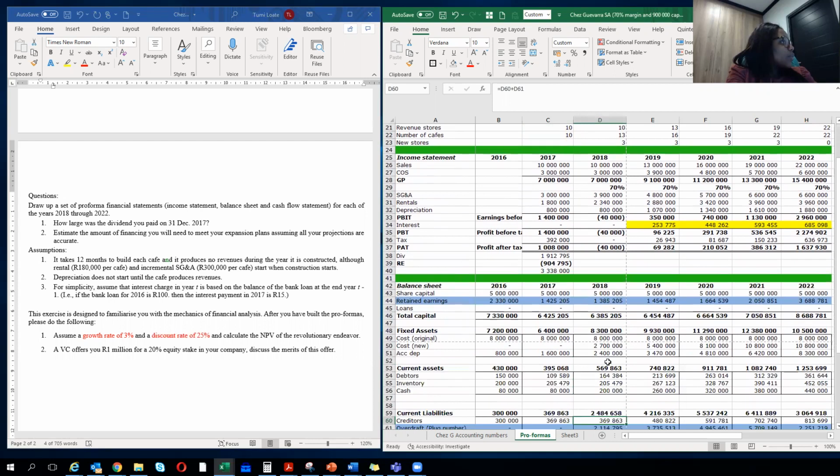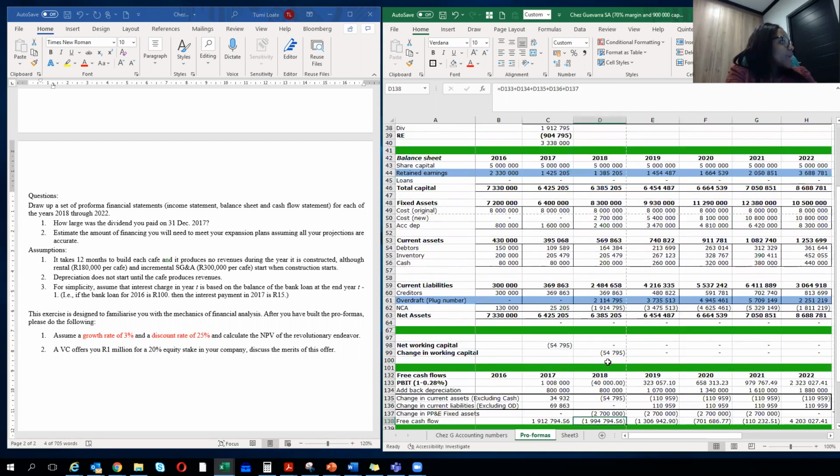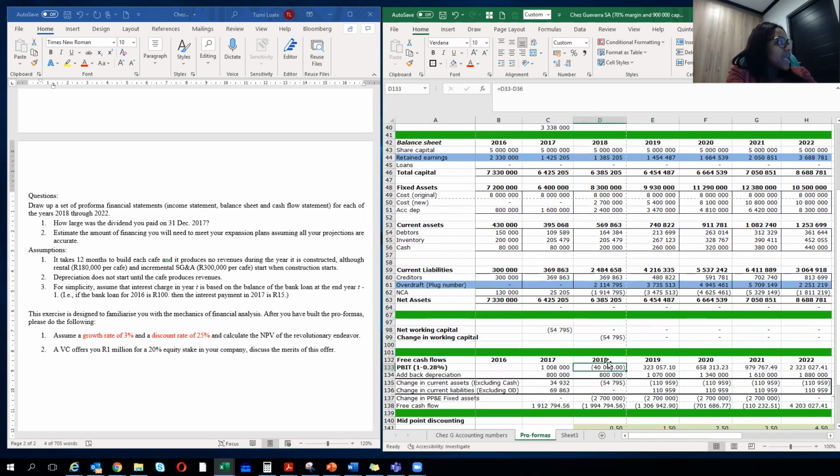So what we do first is bring in your profit before interest and tax, calculated net of tax. You want to remove the tax effect. The reason we bring in profit before interest and tax is that, if you remember your financing component, which is your interest expense, you want to exclude the interest expense and the tax impact of that interest expense, because this is included in your discount rate, the 25% you've been provided here.